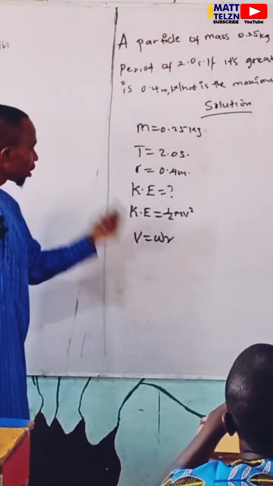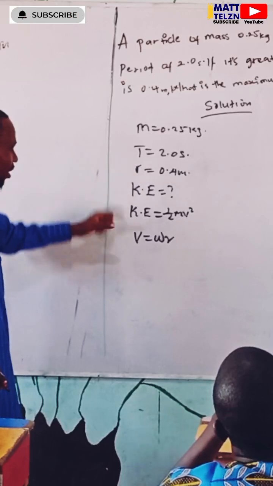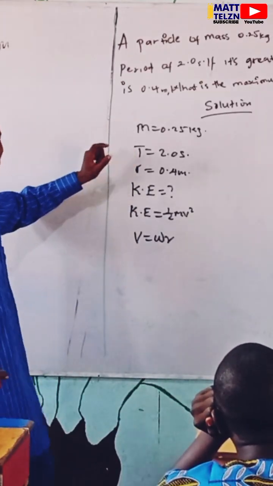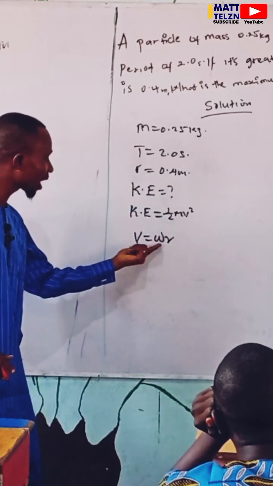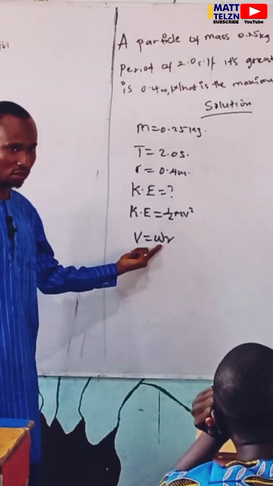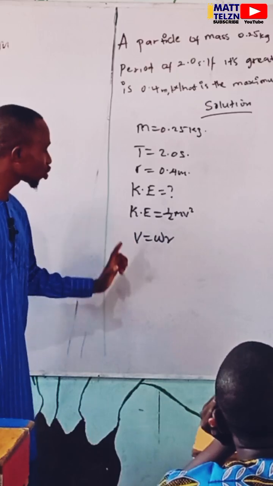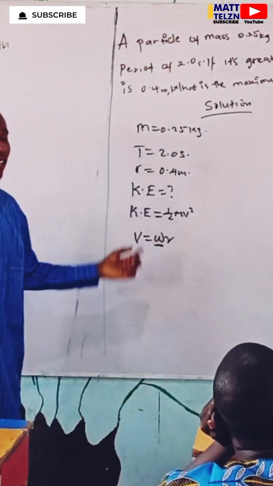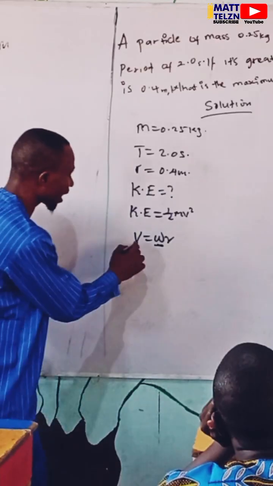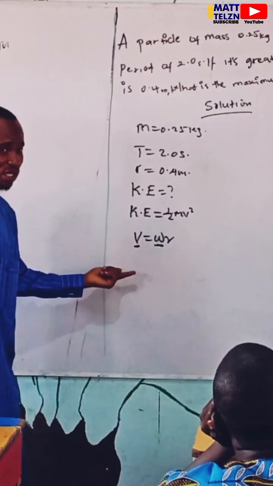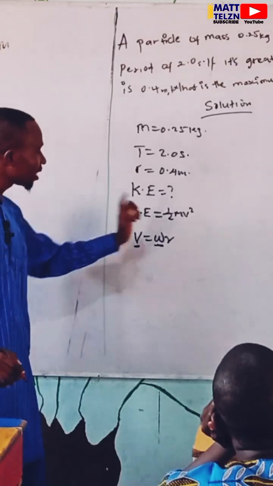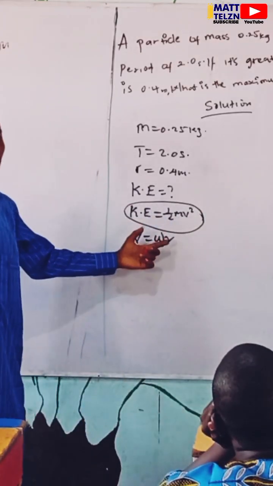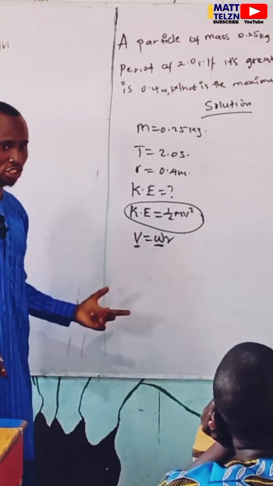If you look at the question, v is not given, so we have to calculate v, and before calculating v we have to calculate the angular velocity. After calculating angular velocity, we calculate the linear velocity. Then we bring the linear velocity into this formula and find our kinetic energy.